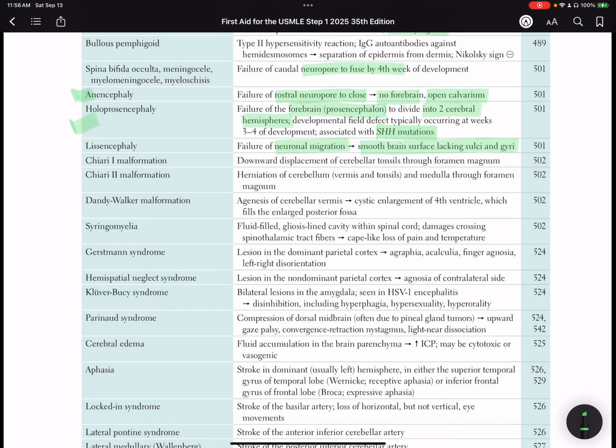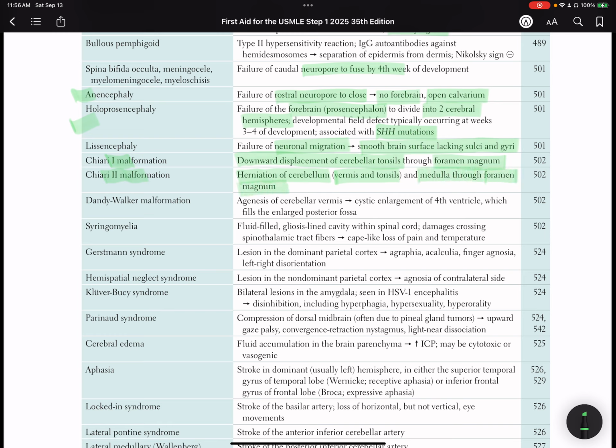What is Chiari 1 malformation and Chiari 2 malformation? Chiari 1 malformation is downward displacement of cerebellar tonsils through foramen magnum. Chiari 2 malformation is herniation of cerebellum, including vermis and tonsils, and medulla through foramen magnum.